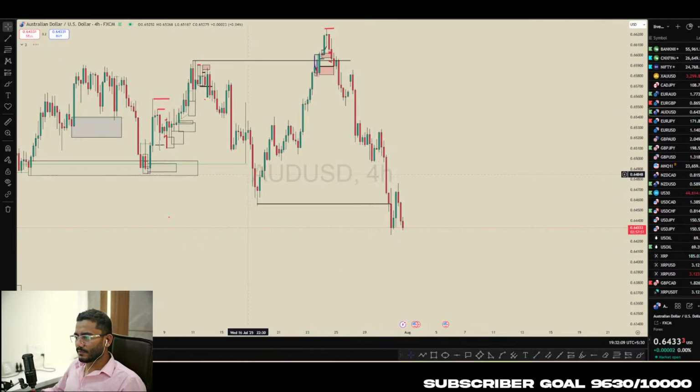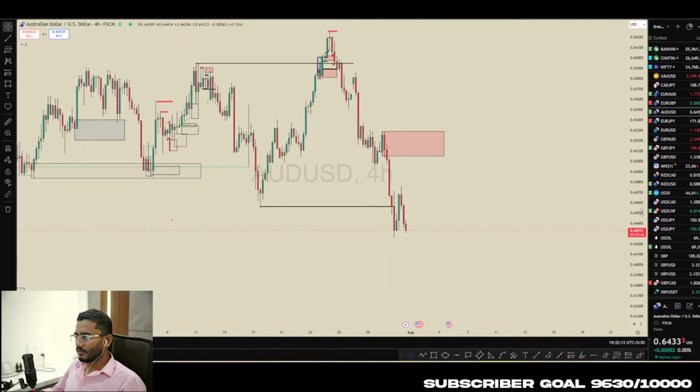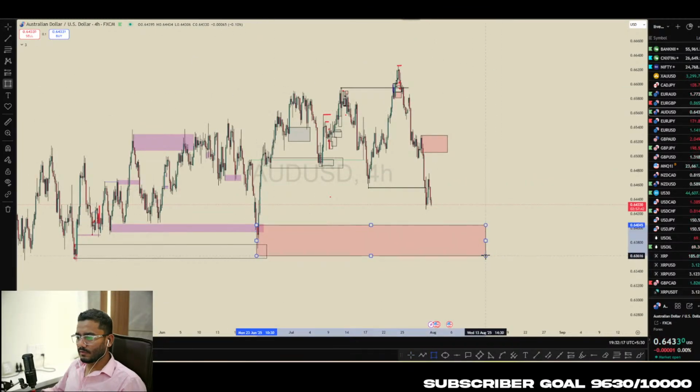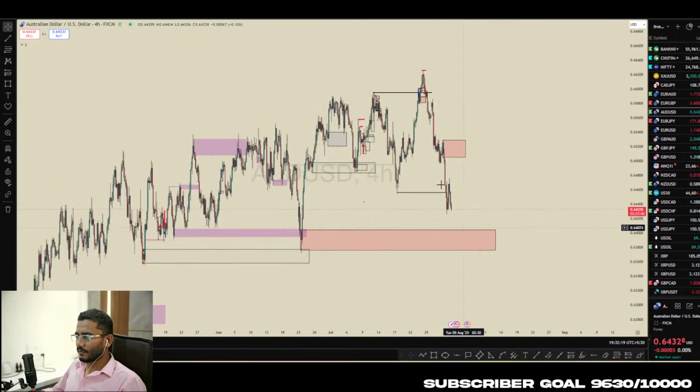Breakout structure, we have this POI to the upside here, and price is still continuing to the downside. And we have another order block here, where we can expect price to move from here to the next high.